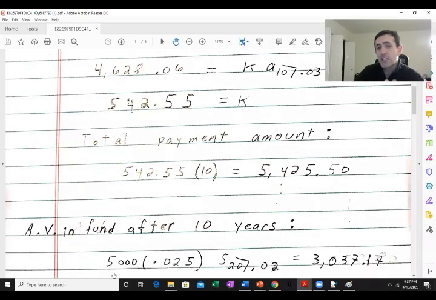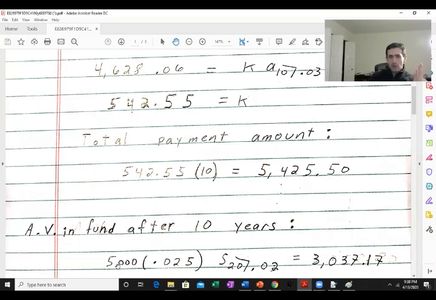So at the end of each 6-month period, you're depositing 5,000 times 0.025. There are 20 6-month periods because you're doing this for this 10-year bond.